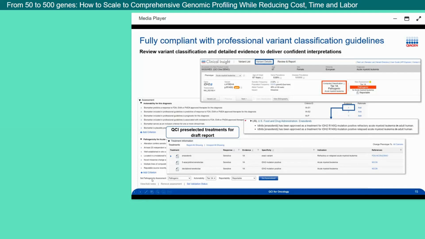One thing to note is that the user still has full control over adjusting the actionability criteria by removing or adding a criterion, which you can see here at the bottom of the screen, and making adjustments to the final assessment of the alteration. In this section, you report the pathogenicity and actionability for each alteration.